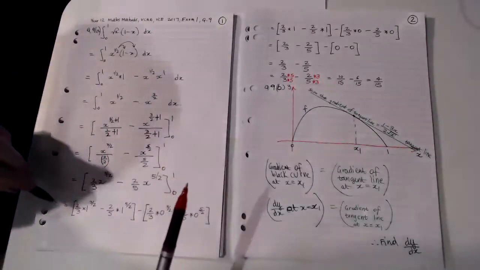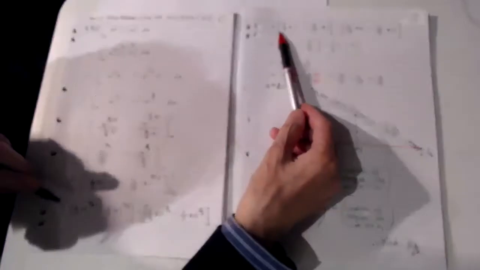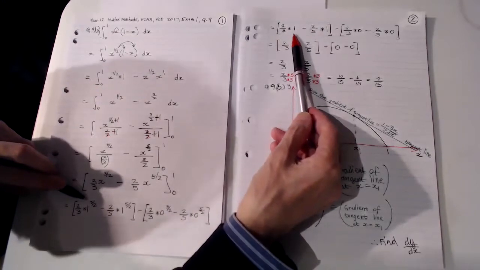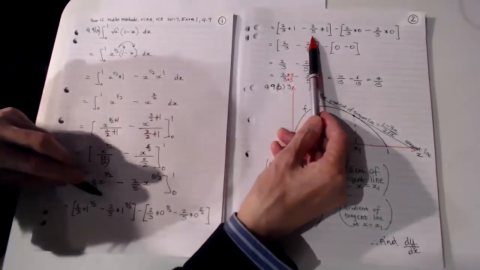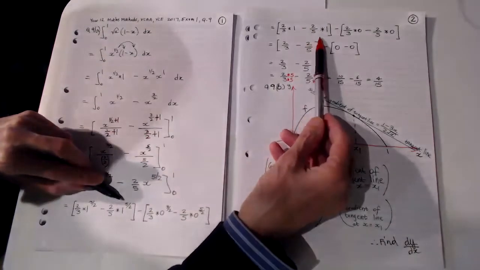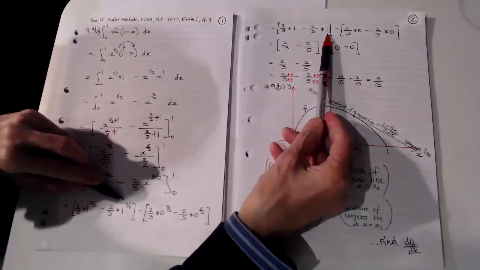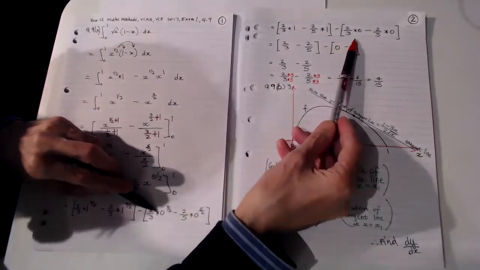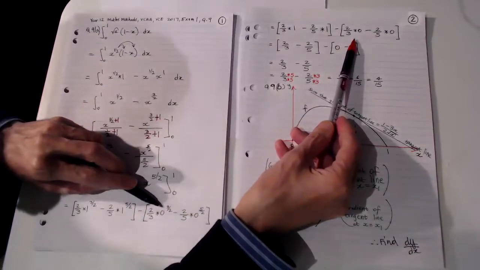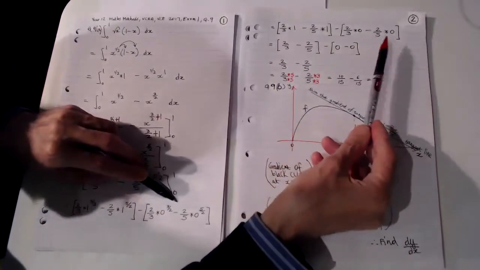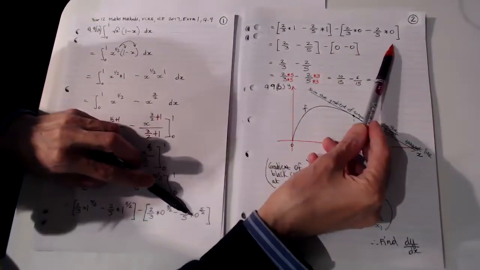Then we further clean it up. It's going to be 2/3 times 1 to the power of 3 on 2. 1 to the power of anything is 1, minus 2/5 times 1 to the power of 5 on 2. Like we just said, 1 to the power of anything is 1, minus 2/3 times 0 to the power of 3 on 2. 0 to the power of anything is 0, minus 2/5 times 0 to the power of 5 on 2.